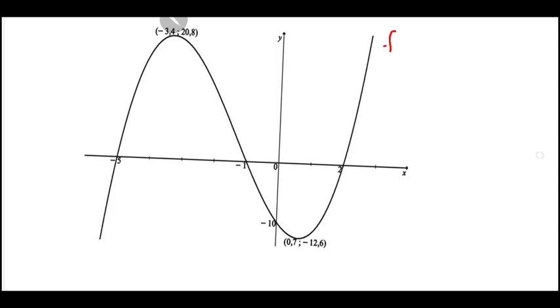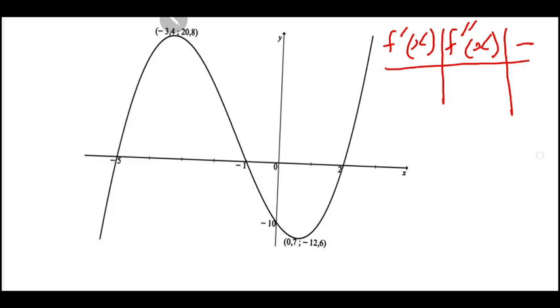First derivative of x and the second derivative of x must be negative. So the first derivative must be positive, second derivative must be negative, positive times negative, answer going to be negative.